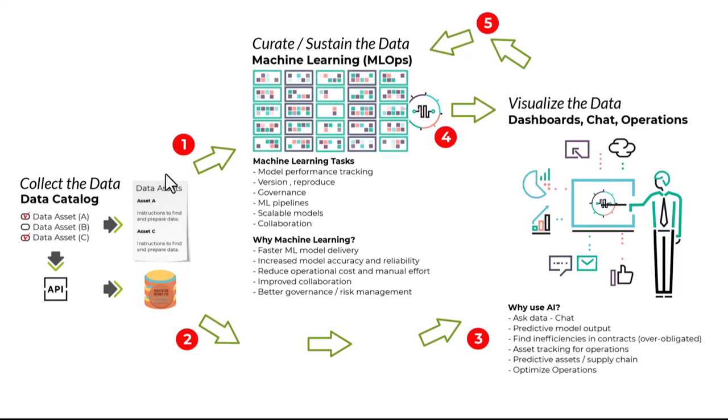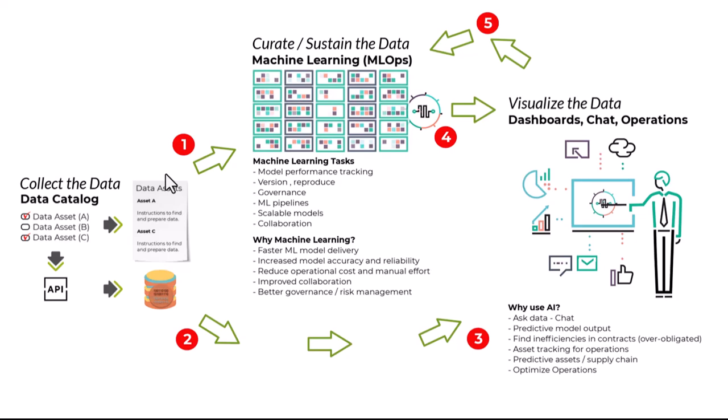It'll manage the machine learning pipelines, where the data sources are, and how we get that. It'll make those models scalable and dynamic so that the models can be curated and adjusted based on the data that's coming in, and it enhances collaboration. That's what the machine learning environment does for you, and what it produces.